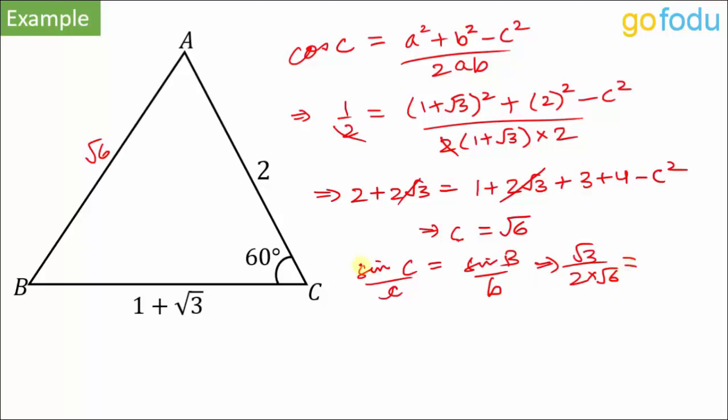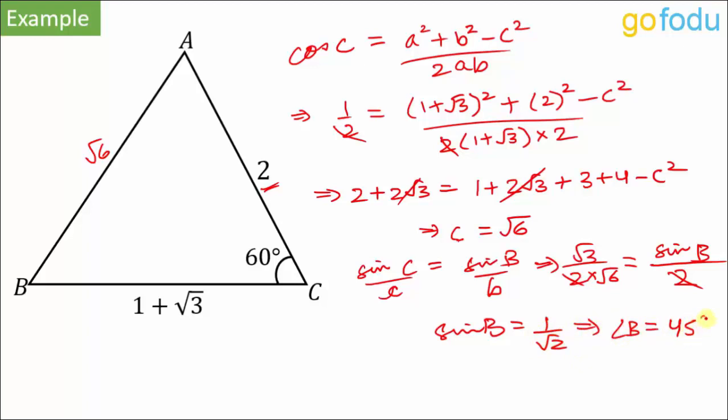This is equal to sine B, that we have to find, upon length of side b, 2 units. 2 and 2 will get cancelled, and sine B will come out to be 1 upon root 2. That simply means angle B is equal to 45 degrees. Angle A will be 180 minus 45 minus 60, that is 75 degrees. Let's move on to the next question.